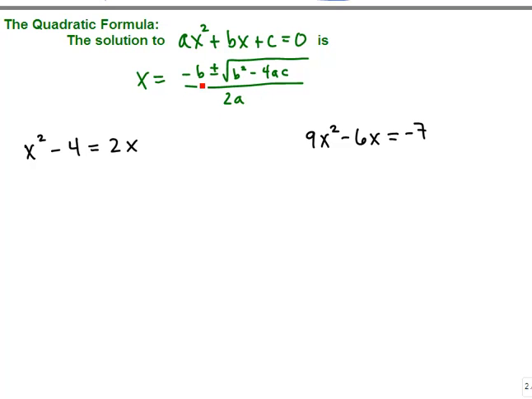Minus b plus or minus the square root of b squared minus 4ac all over 2a. Okay? So the a, the b, and the c are the coefficients of your three terms.